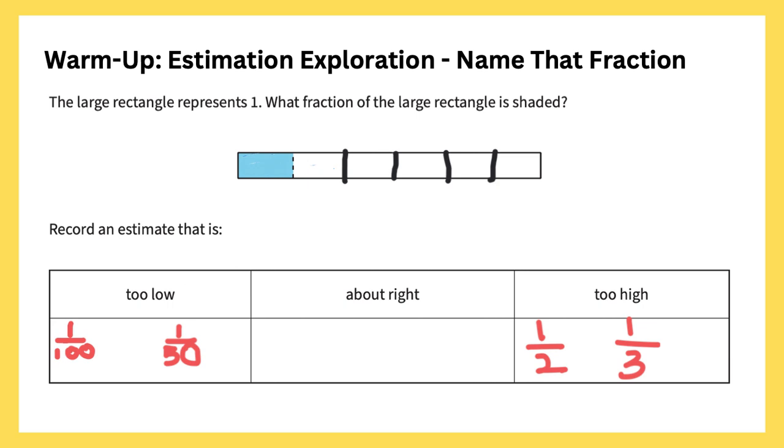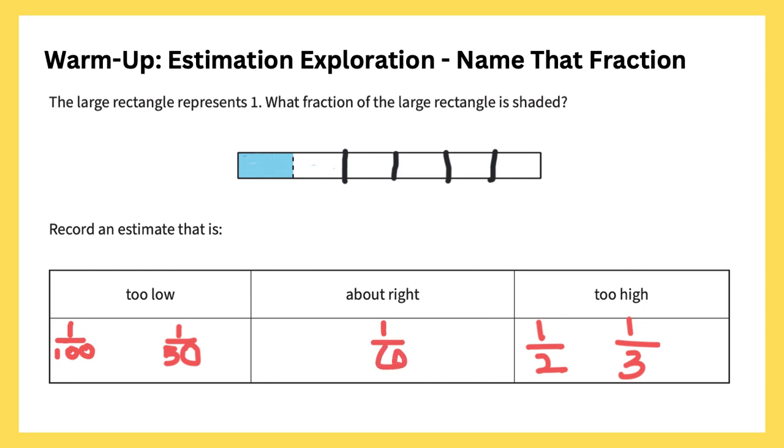Now, I know they're not exact, but let's see what we would have here. We have 1, 2, 3, 4, 5, 6 almost equal parts. And so we can make an estimate of 1/6. 1/6 is going to be about right.